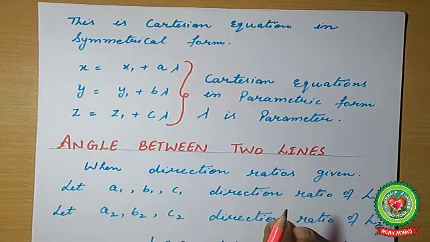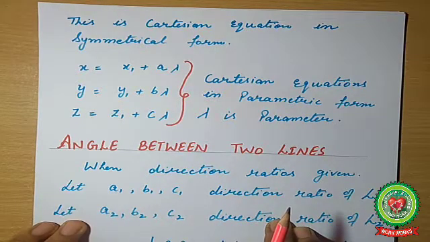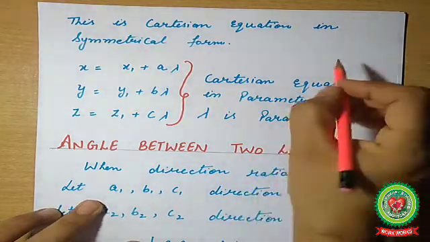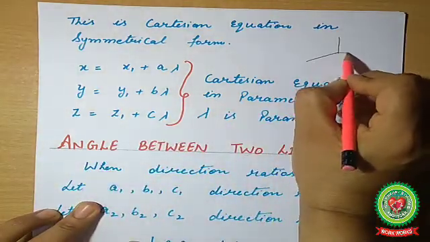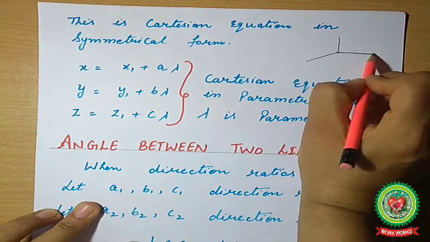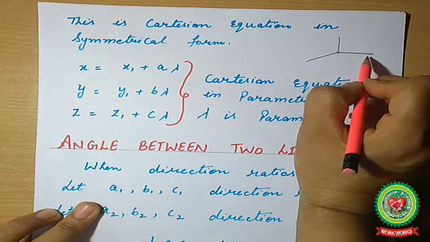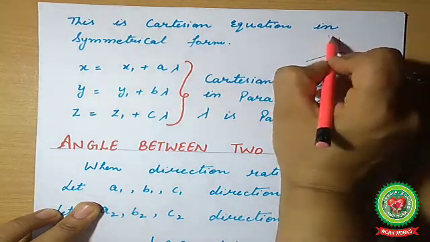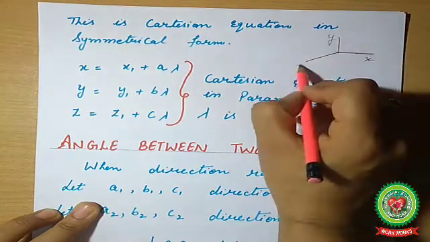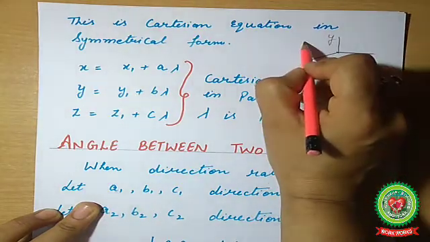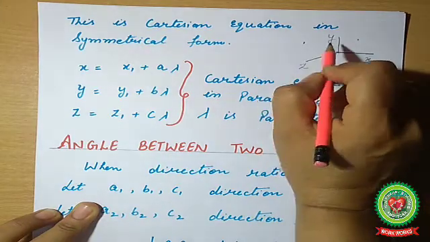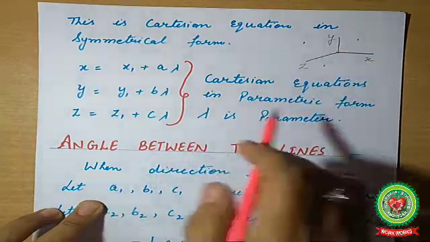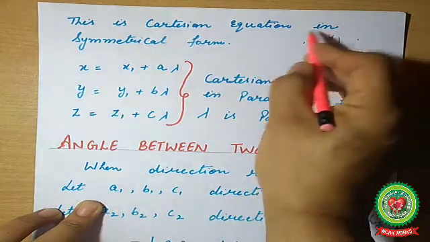This is also called the Cartesian equation in symmetrical form because there is no parameter here, and the passing-through point may be anywhere in 3D space on the line.